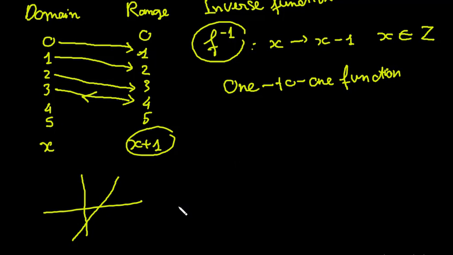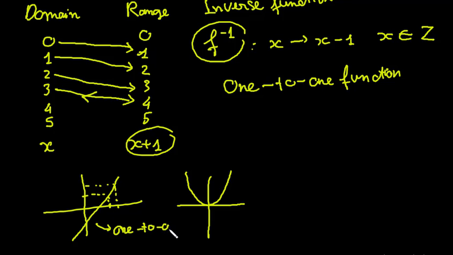I have another graph which is this one here. You can see that with one value of x, I have a value of y, and with another value of x, I have another value of y. This one is called a 1-to-1 function, right? 1-to-1 function.